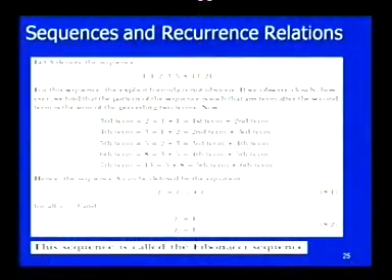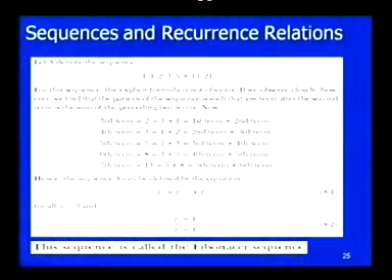Suppose I have a sequence like 1, 1, 2, 3, 5 and so on. Immediately you can guess that this is nothing but a Fibonacci series, because the third term is nothing but your first term and second term. To find the fifth term, it is your third term and the fourth term.